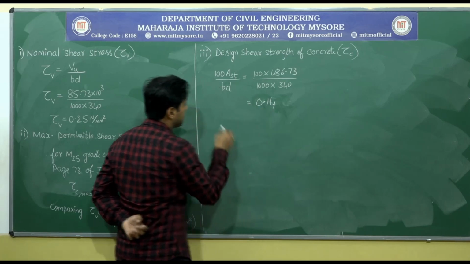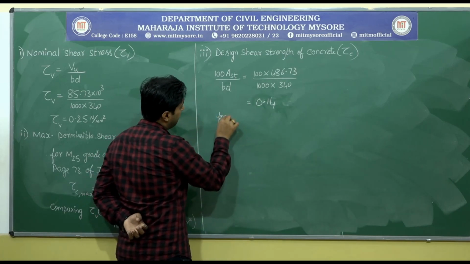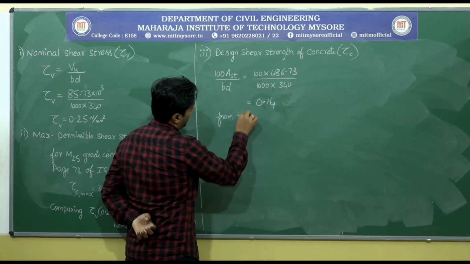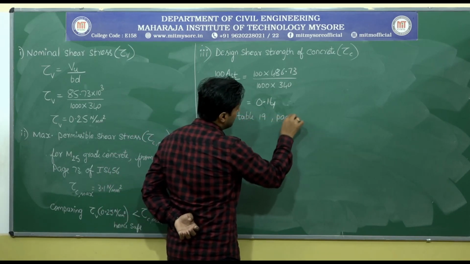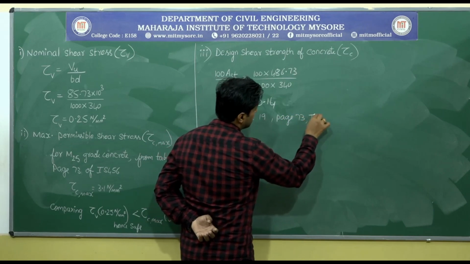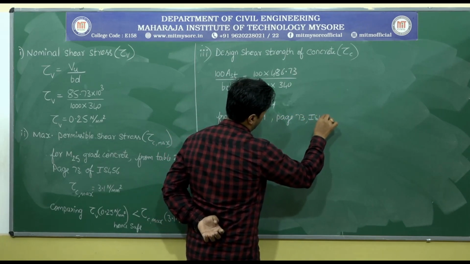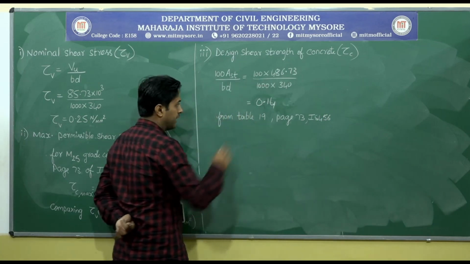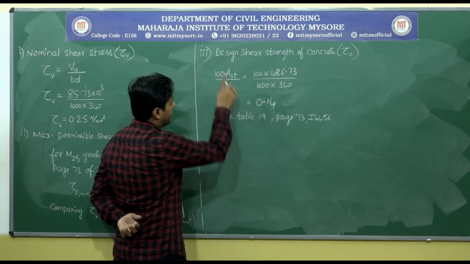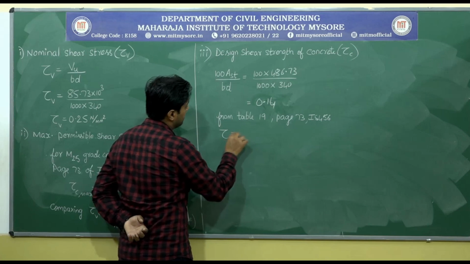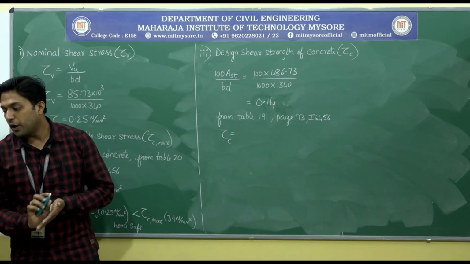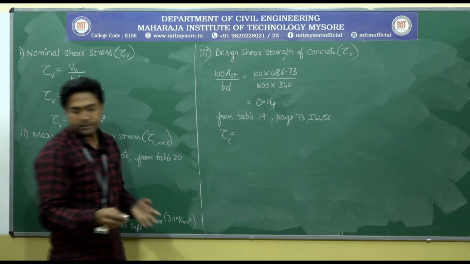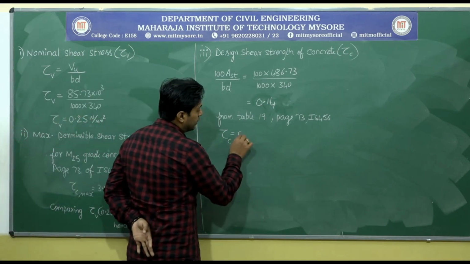Using this value from Table 19, page 73, IS 456, and doing the interpolation, the value of tau C that we get is 0.29 Newton per mm square.